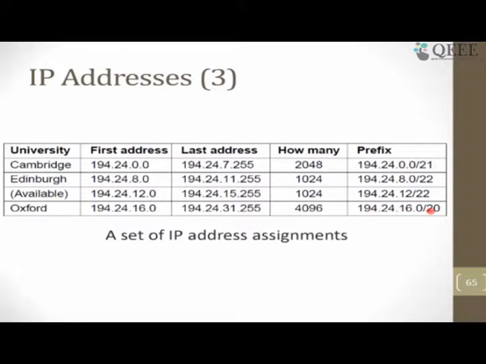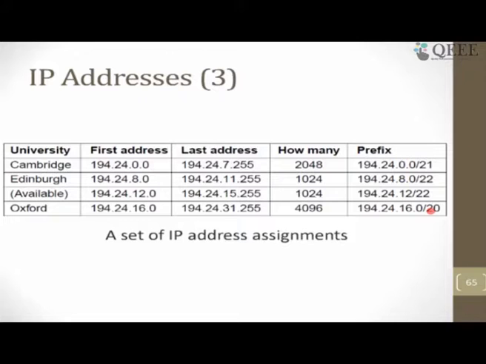If some company is telling me I want 2 to the power 12 IPs, then what are they doing? They are giving the first 20 bits as the prefix and leaving the others for the company to use.